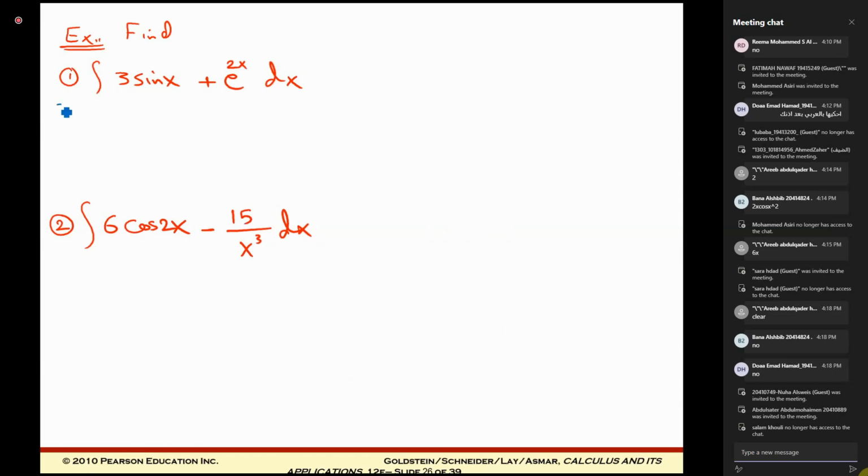The solution equals 3, put 3, integral of the sine negative cosine, plus the integration of e to the power 2x equals e to the power 2x over the coefficient of the x, 2, plus what? Plus c.